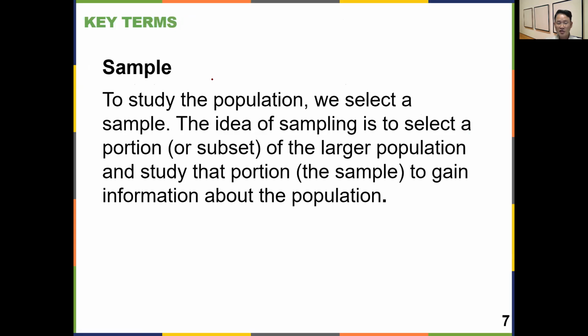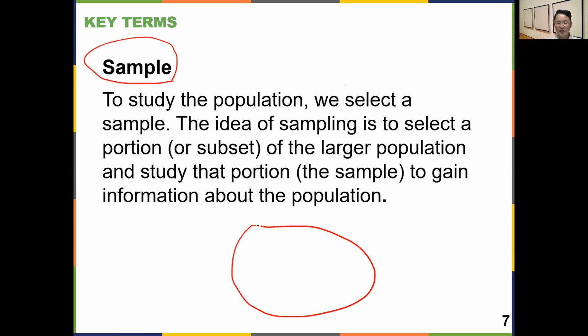The contrasting concept is what's called sample. Sample is going to be a part of the population. So let's say if the whole thing is going to be population, right?